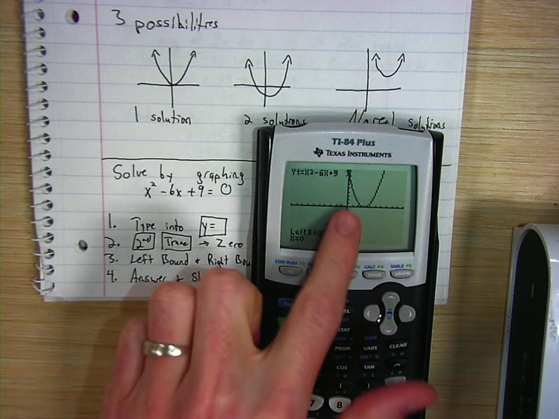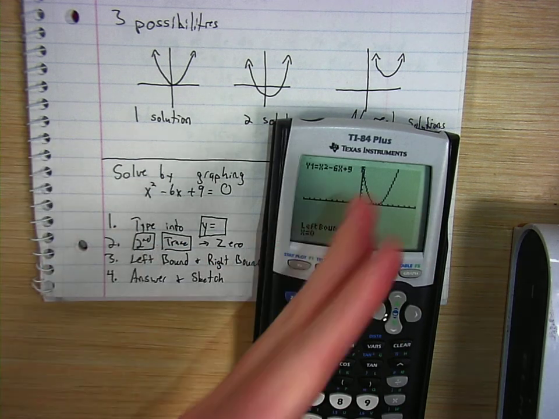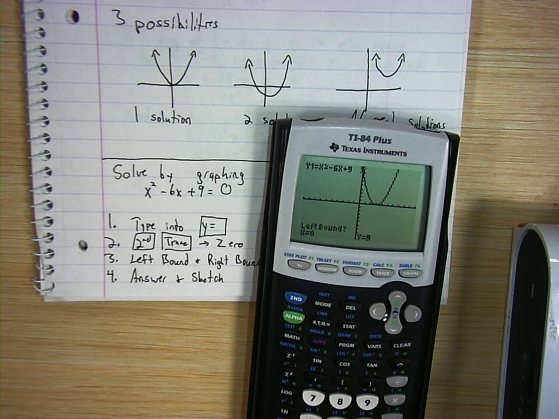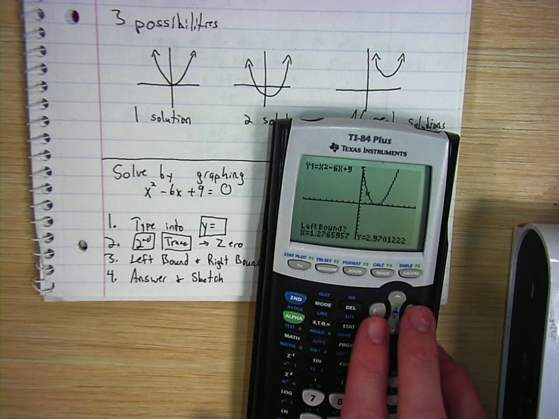Otherwise, this graph goes on forever, and the calculator could spin checking all the numbers out to negative a million, negative infinity, all the way out to positive infinity. So the calculator is saying, give me a little window or range to look through, so I don't have to spend my whole entire day trying to find this value for you.